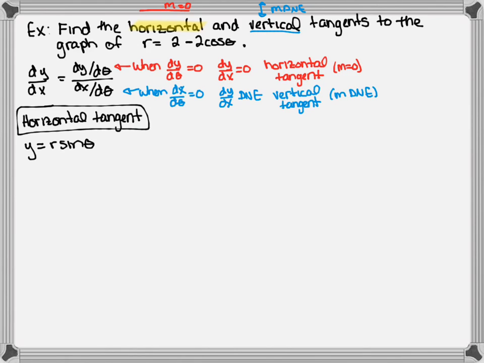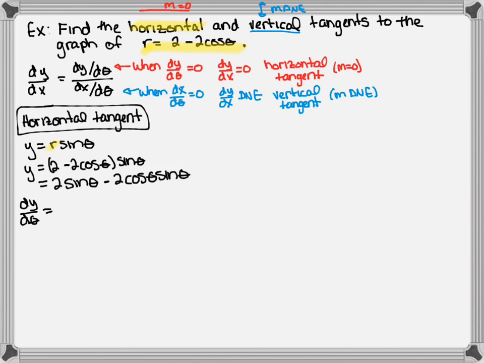We're going to use the formula y equals r sine theta. We're going to substitute the r into our formula, distribute the sine, and then take the derivative with respect to theta.